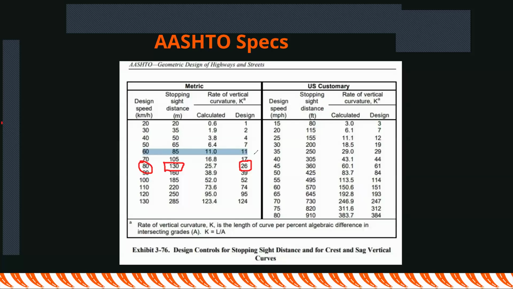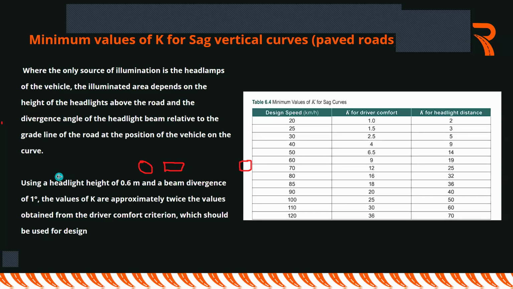These are the irreducible minimum to ensure safety, mostly safety of the road user. So at a design speed of 80, the stopping sight distance is 130, and the K value to ensure a consistent change in the curvature of the curve is 26. Note that down. Now, let's go back and look at the Kenyan Road Design Manual.